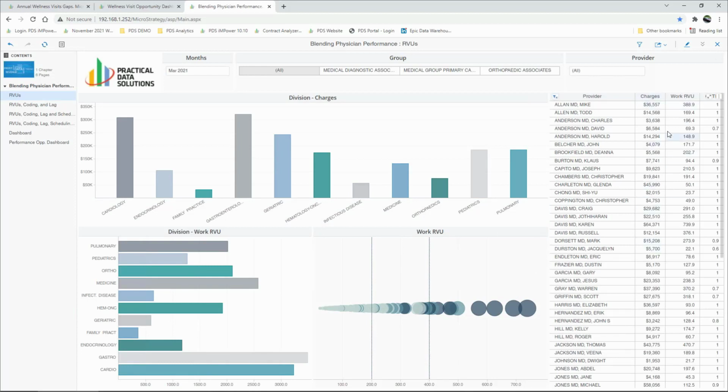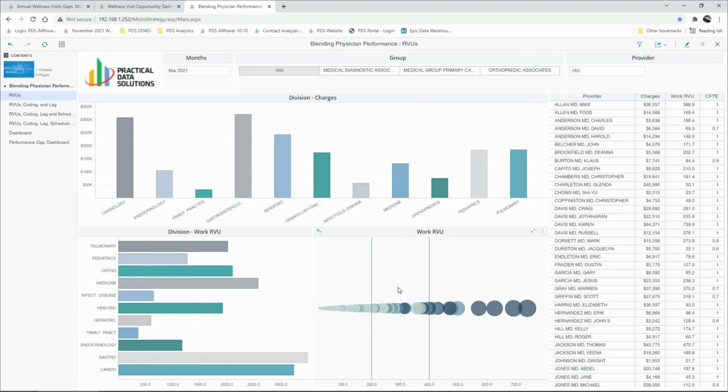Over here in the right panel, you can see the charges, the work RVUs, and then the clinical FTE. Now, in a production setting, you'd want to adjust for clinical FTE, especially if we're going to do comparisons between physicians. We want to make sure we're measuring everybody appropriately if they aren't full-time. So that's our first panel.